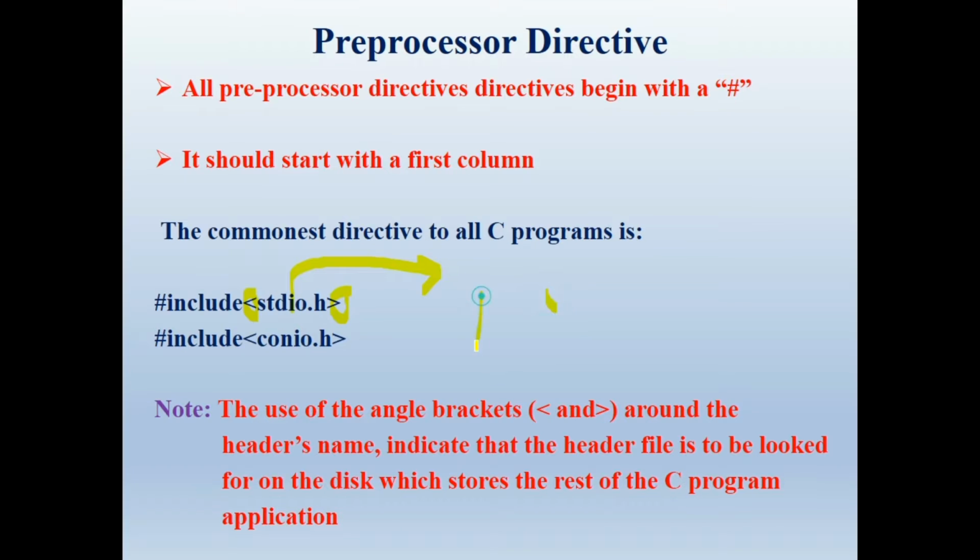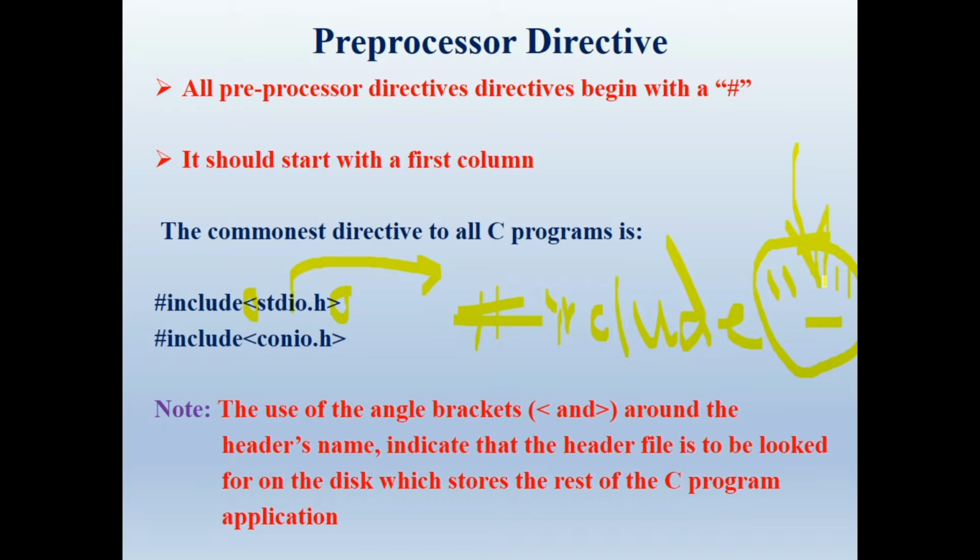And if you're writing hash include, then a double quote, file name, and closing double quote, it tells you that in whatever folder you are currently present, go there and look for the name of the file you typed. So this is used for the current directory, and the angle brackets are used for the directory where your compiler is installed.